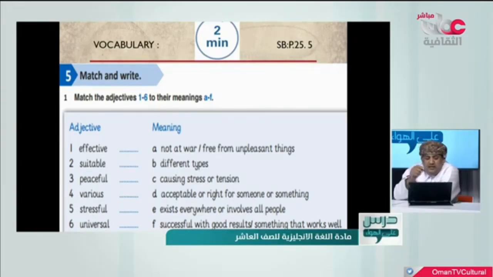Here we have the meanings: not at war, free from unpleasant things; different types; causing stress and tension; acceptable or right for someone or something; exists everywhere or involves all people; successful with good results, something that works well. Okay, I want you to match the words with their meanings.